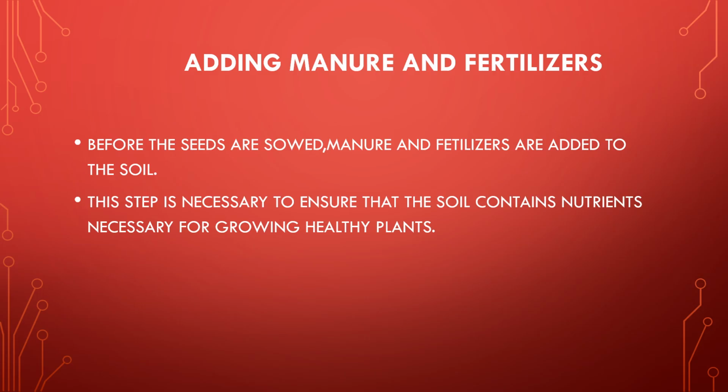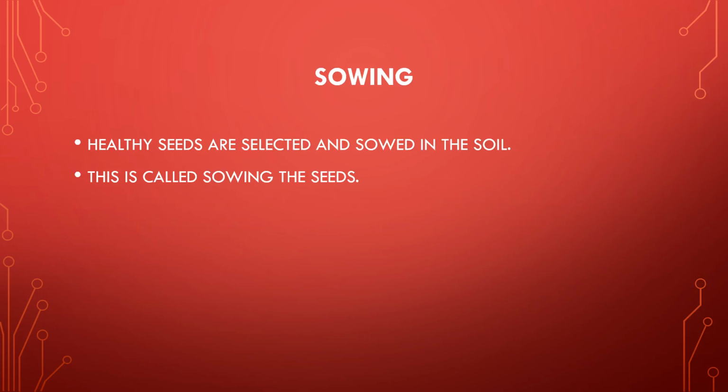When we add manure, the soil gets softer and more fertile, and by adding manure and fertilizers, we get a lot of nutrients which are necessary for growing healthy plants in the soil. So this step is very necessary.